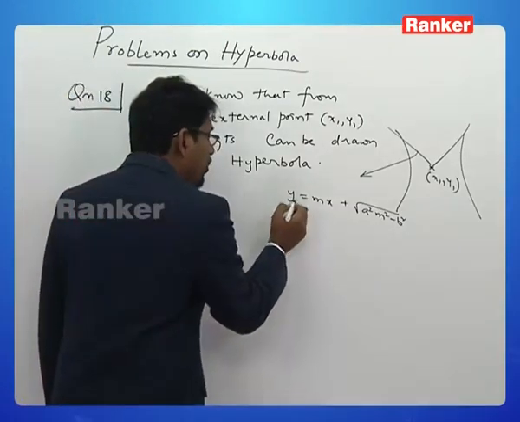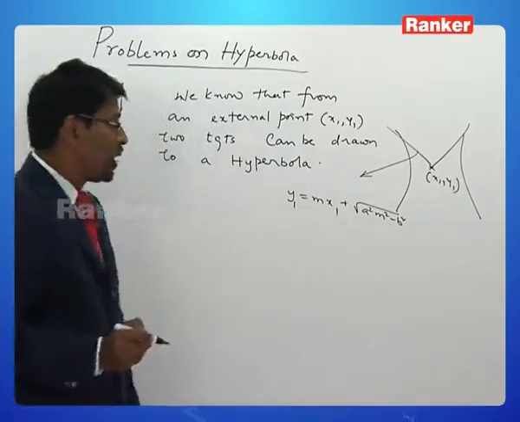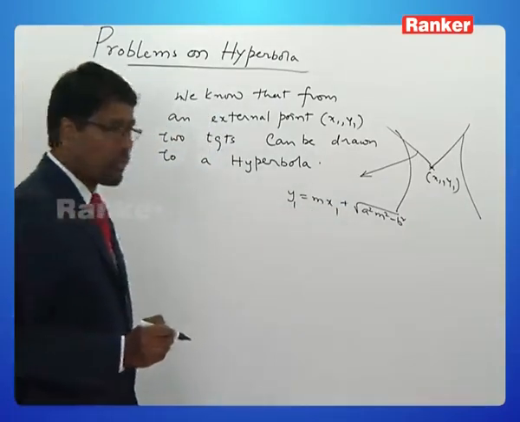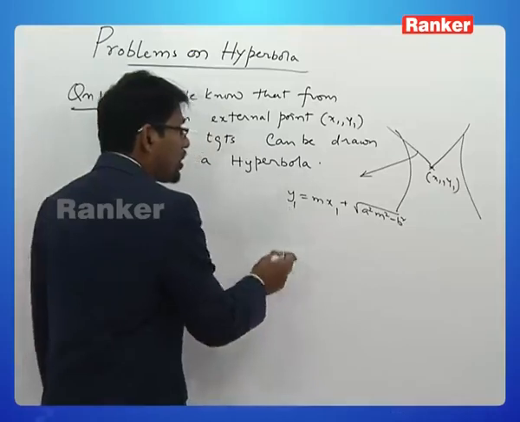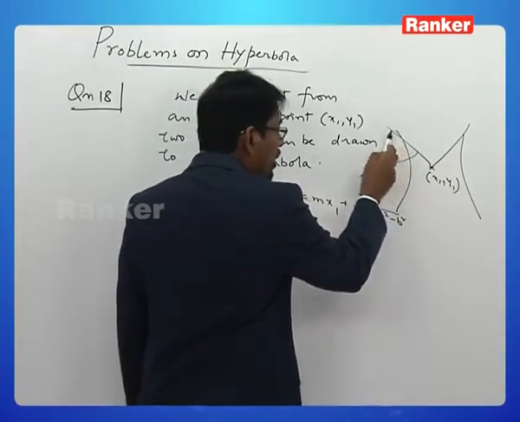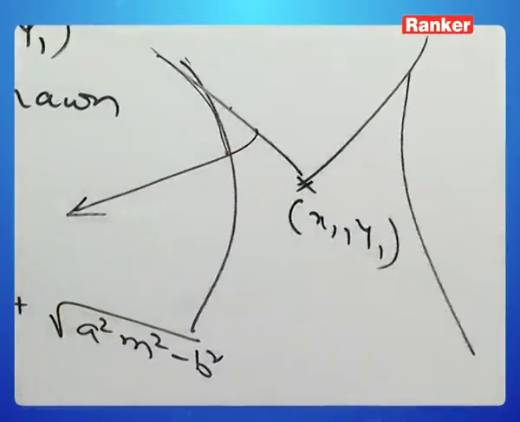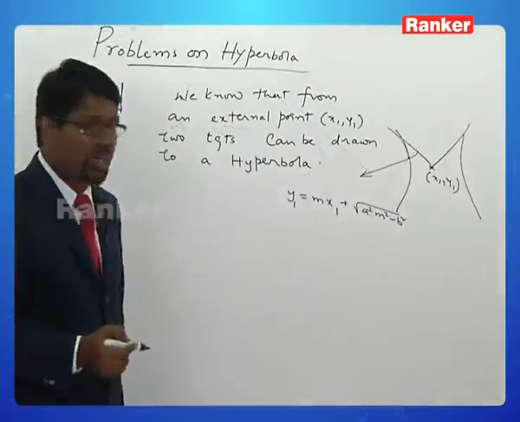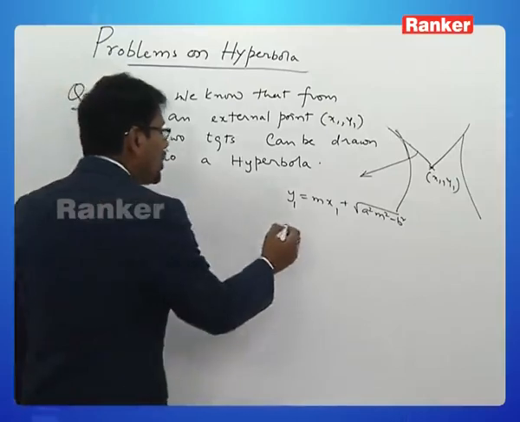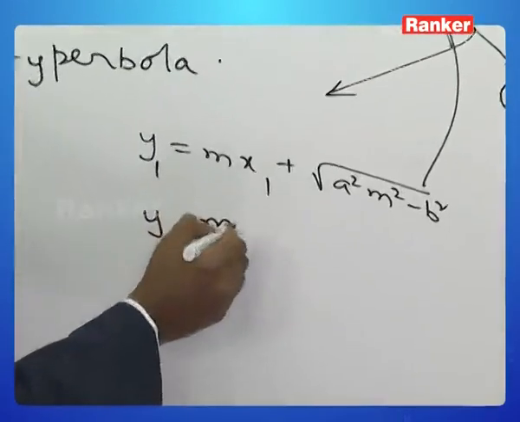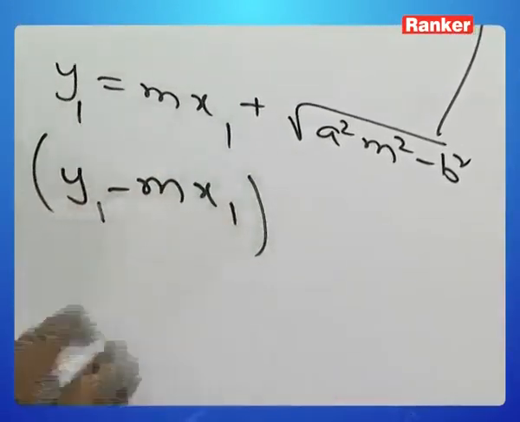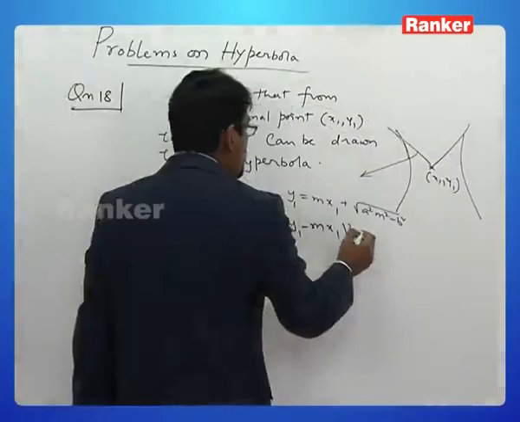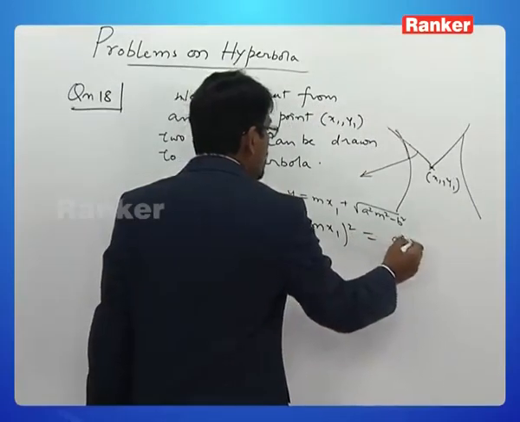So, y1 is equal to mx1 plus root over a square m square minus b square. So, a tangent with slope m is passing through x1, y1. I substituted the point x1, y1 in the tangent. Now, we can frame a quadratic equation in m. y1 minus mx1 the whole square is equal to a square m square minus b square.